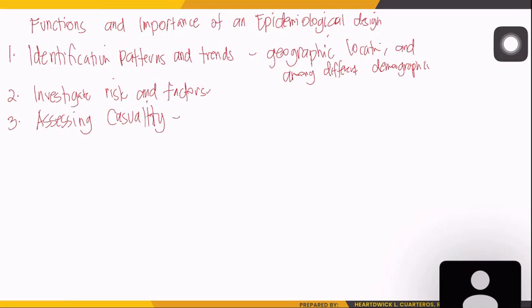In assessing causality, epidemiologic designs kasi provide methods for assessing causality and determining the strength of association between exposure and outcomes, okay? By controlling for confounding variables and biases, epidemiologists infer causal relationships from observational studies or establish causality through experimental studies, okay? Next, we have also your evaluating of interventions.